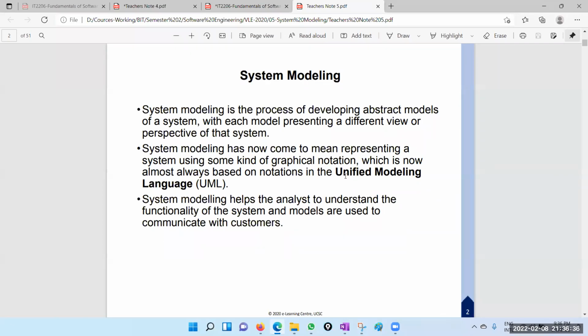So what is modeling? I told you a model is an abstract representation. Just like we had use cases, here also we can have different abstract representations: maybe an ER diagram, the class diagram, sequence diagram, and so many, especially in UML.